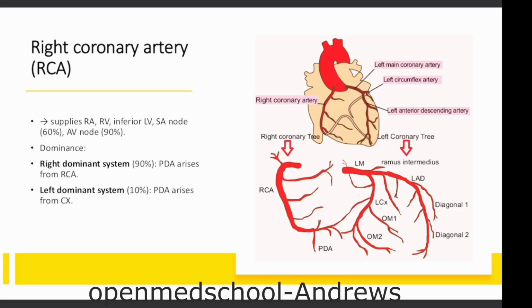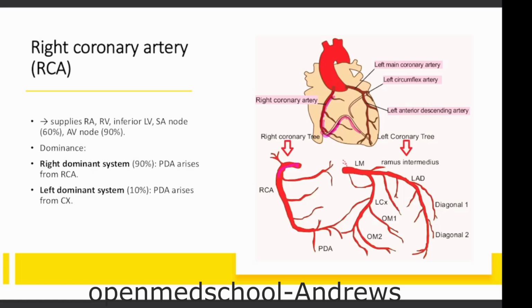Now we go a little more into the right coronary artery. You can see the right coronary artery here, as mentioned. This is the right coronary artery passing through the atrioventricular groove. It is going posteriorly, and passes in the interventricular groove, and descends as the posterior descending artery.